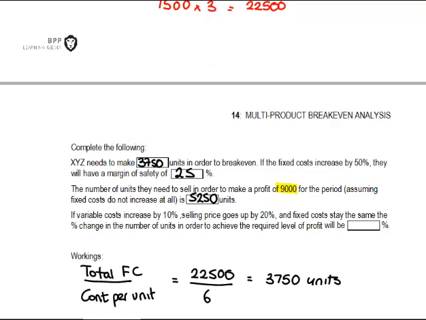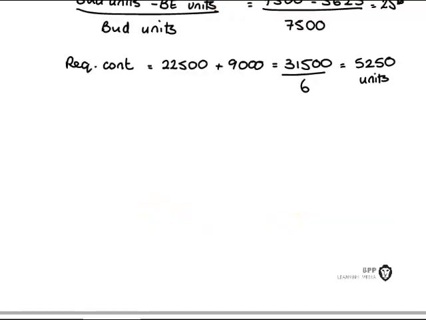And then finally, if variable costs increase by 10%, selling price goes up by 20% and fixed costs stay the same, the percentage change in the number of units in order to achieve the required level of profit is going to be whatever percent. So let's have a look at this one. We've got a few workings to do here first. We need to work out what the new level of cost is going to be for the variable cost. So that was going to increase by 10%.